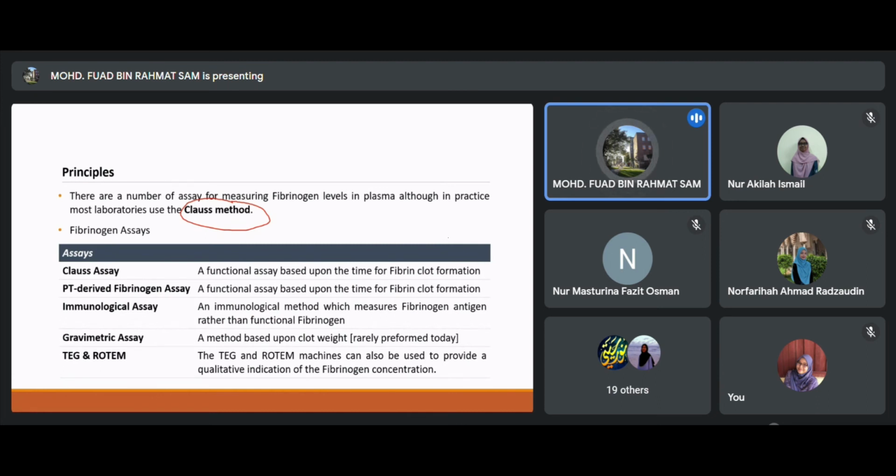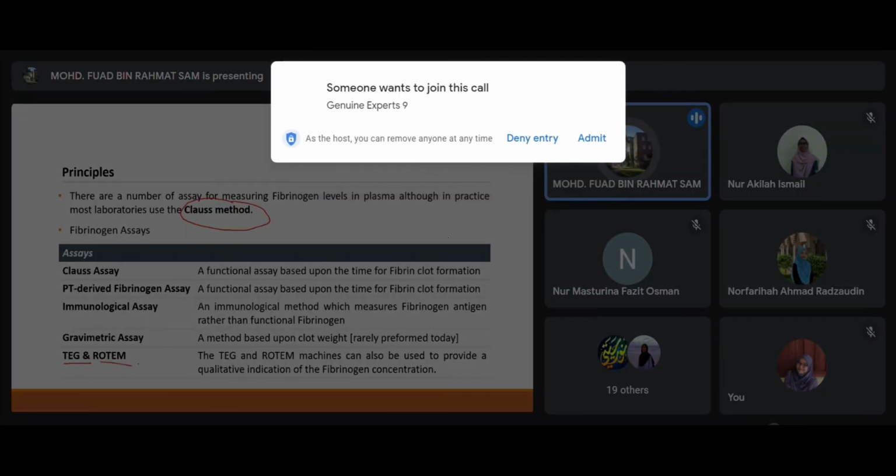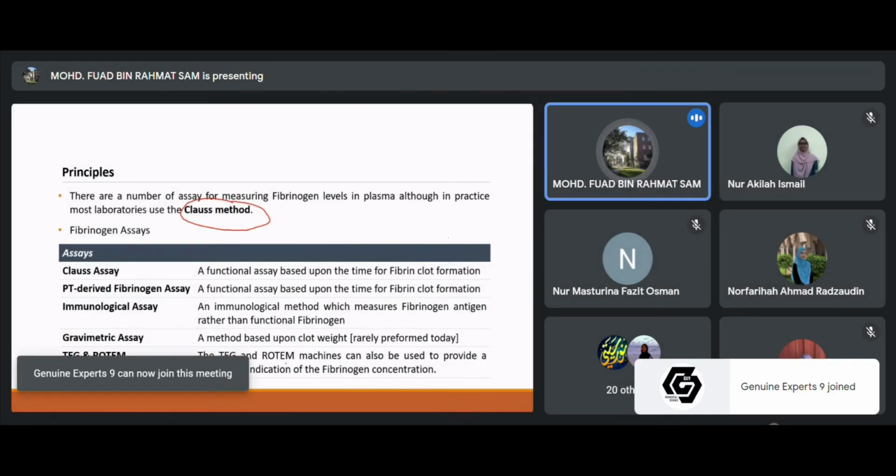Okay, just refer back to the pathway. Okay, TEG and ROTEM, this is a machine. The TEG and ROTEM machines can also be used to provide a qualitative indication of the fibrinogen concentration.